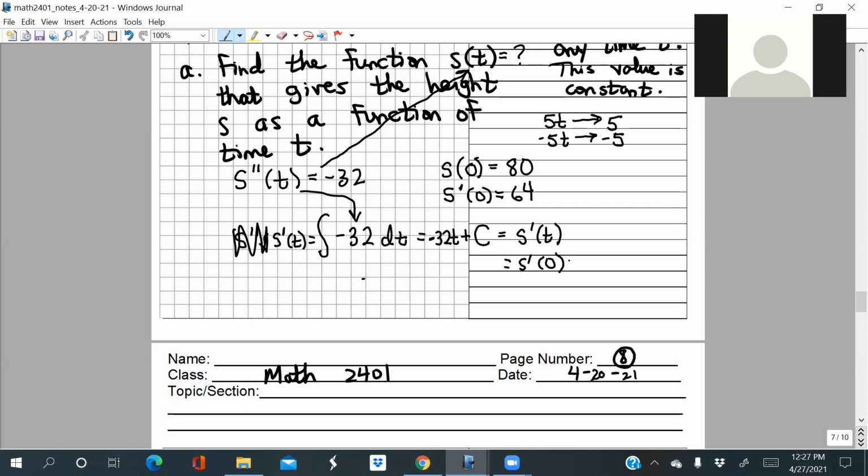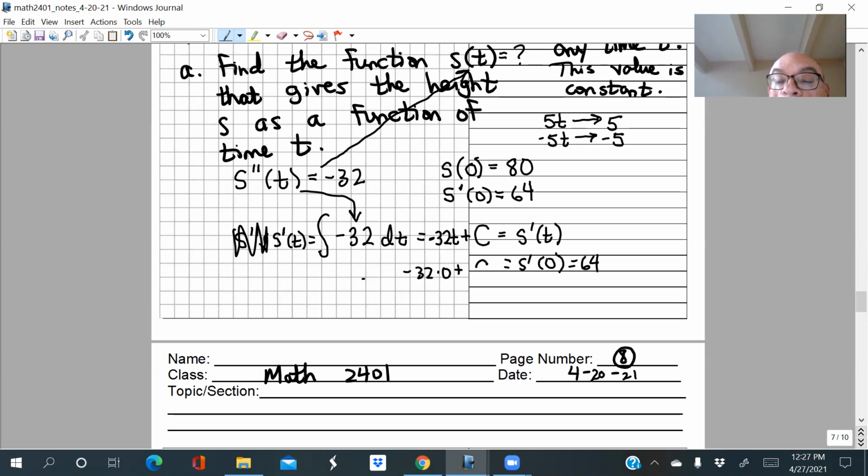64. Now, look, so I know this has to come out to be 64. If you plug 0 into this formula, though, you get minus 32 times 0 plus a constant. So minus 32 times 0 is 0. So guess what the C value has to be? It just has to be 64, right? Because minus 32 times 0 plus this constant has to come out to be 64.